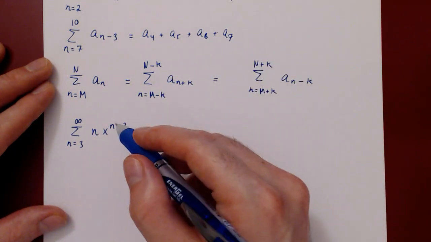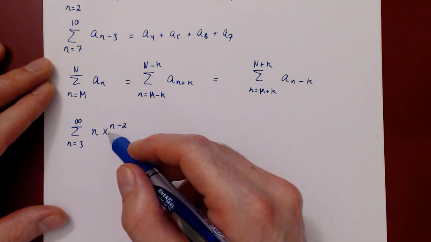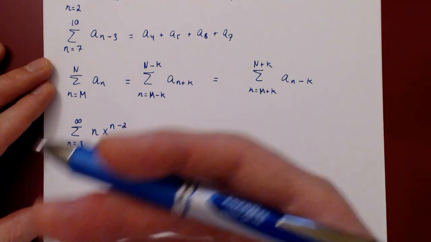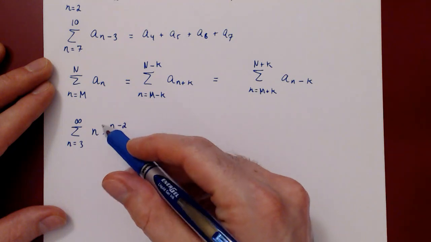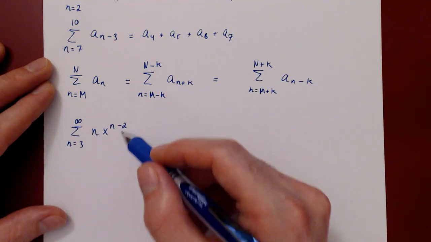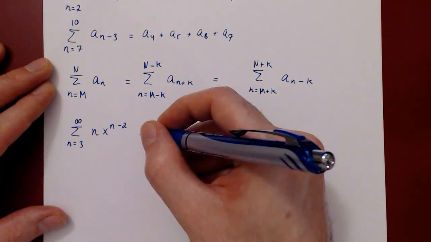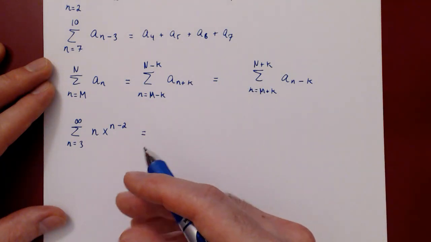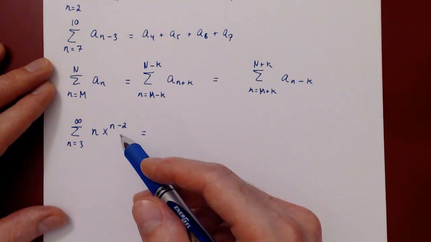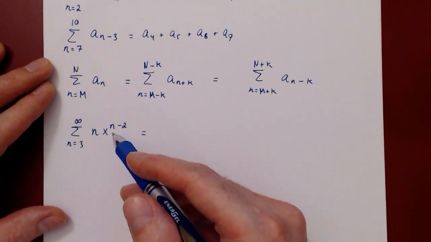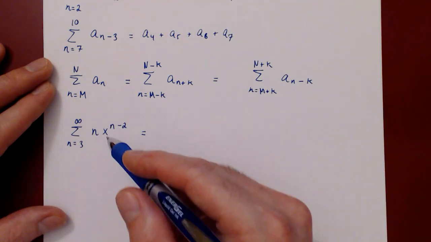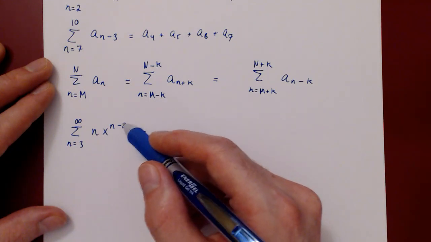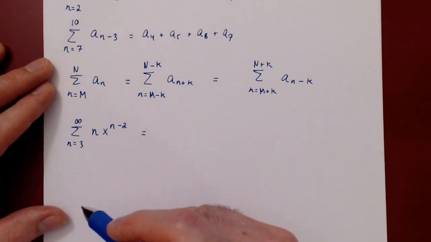You might not be a big fan of having x to the n minus 2. You might much rather have x to the n and no annoying n minus 2, to have a cleaner form of the series. When we talk about power series in this form, summing powers of x, it's nicer to have x to the n with nothing along with the exponent.